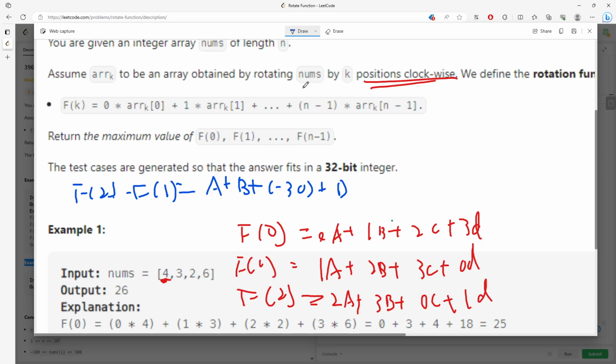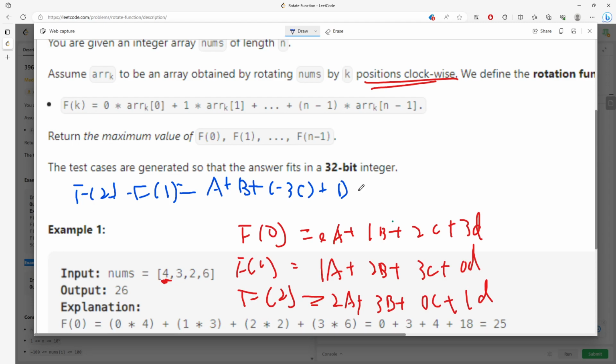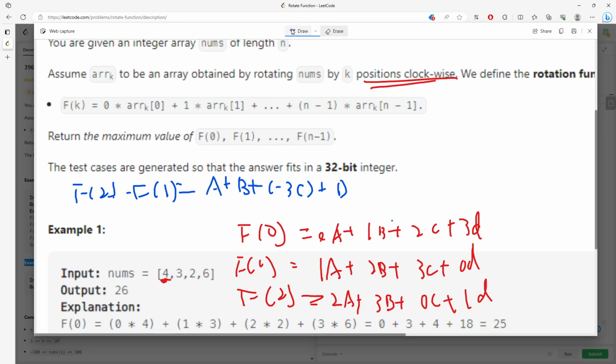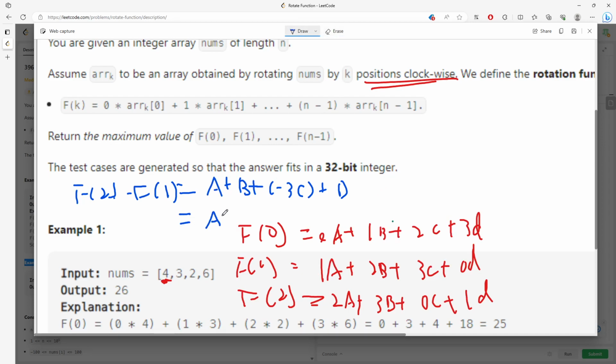Let me write this clearly. A plus B plus D, and if I add another C, I need to subtract another C, so minus 4C.